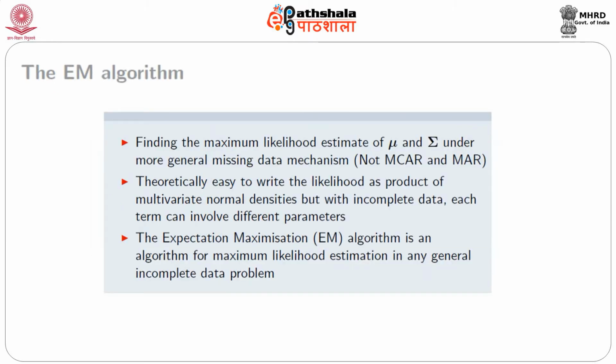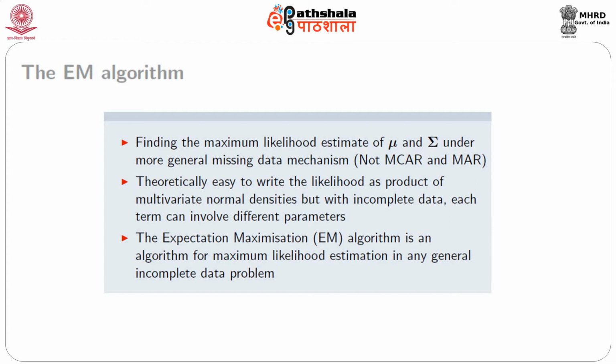Now, we have known about how to analyze data having MCAR and MAR missing data patterns. But what about finding the maximum likelihood estimate of mu and sigma under more general missing data situations? These are situations which do not fall under missing completely at random or missing at random, and are generally called the monotone pattern of missing.